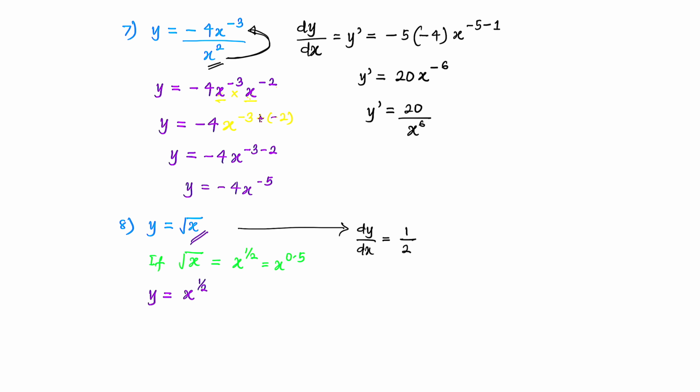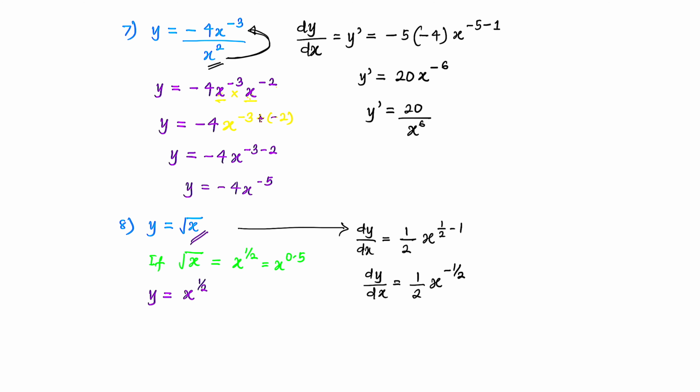So the existing coefficient is 1, so we can ignore it. Write the variable back, subtract 1 from the power. So dy/dx equals 1 over 2 x to the power 1 over 2 minus 1, half minus 1 is minus half.